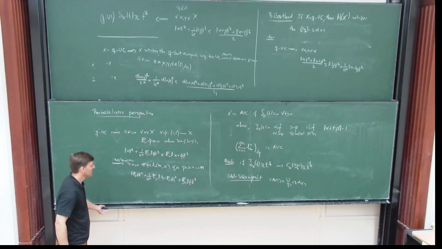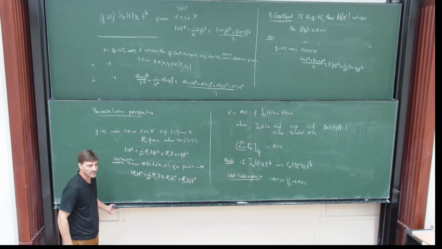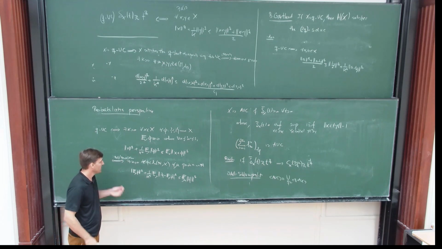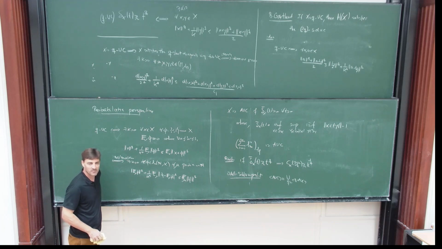Okay. So you can also show that uniform convexity is equivalent to that. And what's behind here is the notion of Q-barycentric metric spaces.